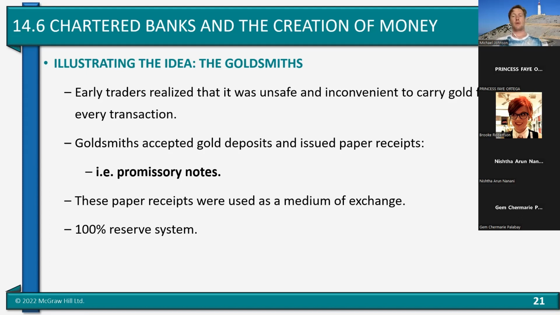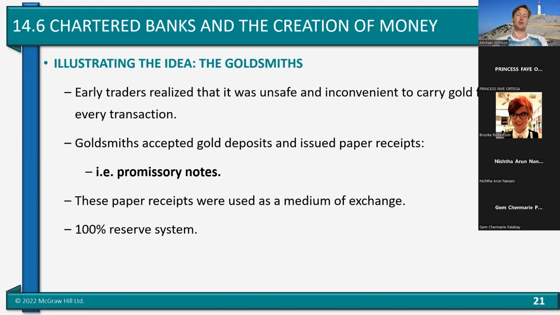The people used the paper receipts to pay for things, and the people who received the paper receipts as payment would have the rights to that gold. So they would own the gold now.